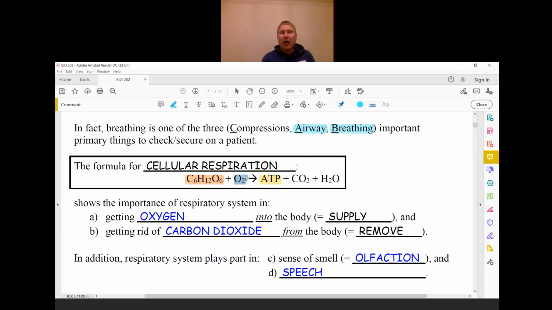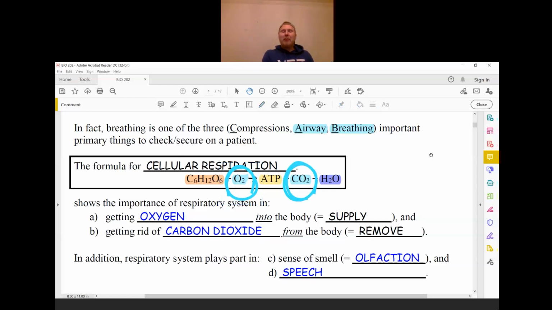So we need to take oxygen into the body, and we need to transport it to those cells where cellular respiration happens. And as a byproduct, we are left with carbon dioxide. So we need to get rid of that carbon dioxide somehow. And the same goes for the water that's produced as a byproduct. But from our perspective, we are especially interested in how to get oxygen to the tissues and how to get carbon dioxide away from them.